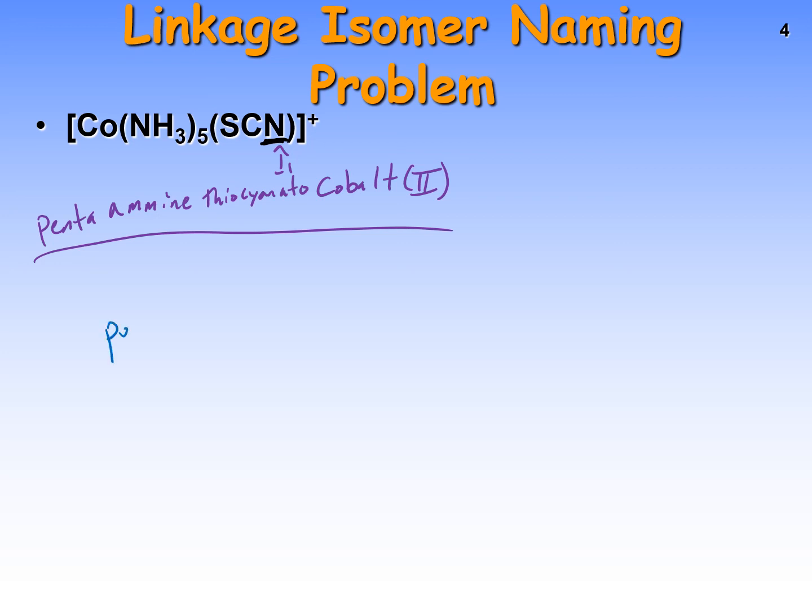It's still going to be pentaammine, but this time it's going to be isothiocyanato, and then cobalt, 2+ ion. So wherever the underline is tells you where it's connected, and you should have memorized what this name is versus this name for those other 4 ligands as well.